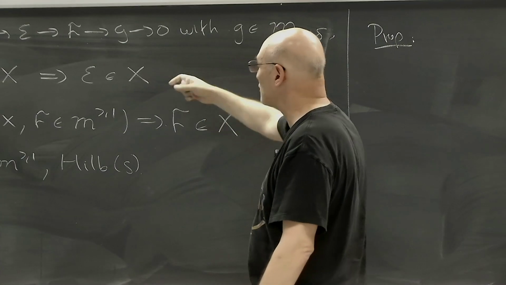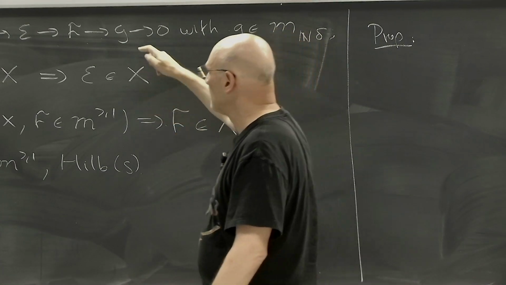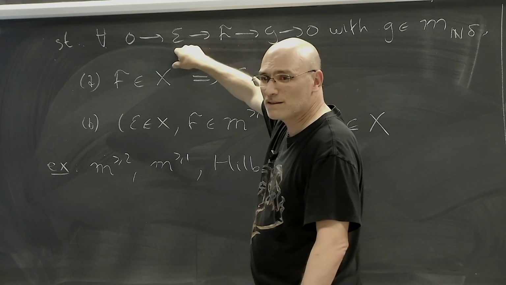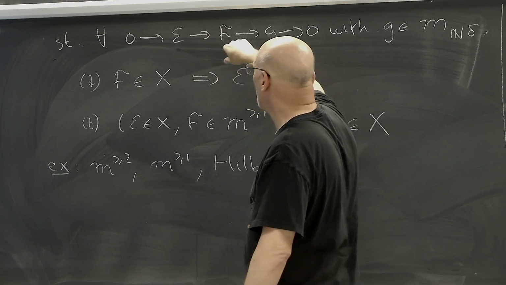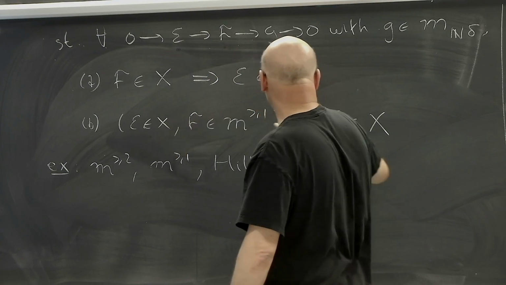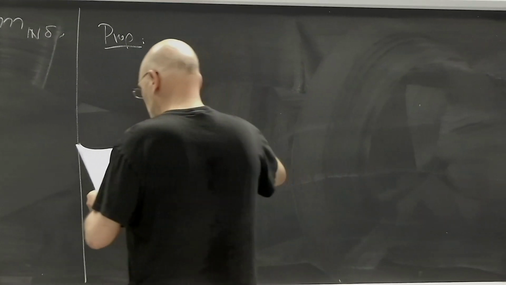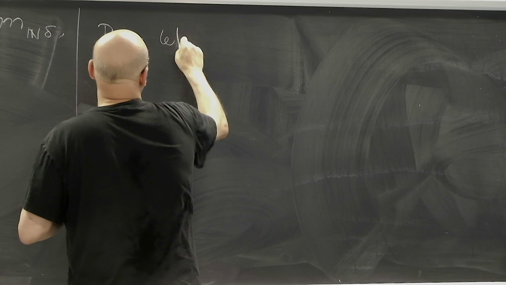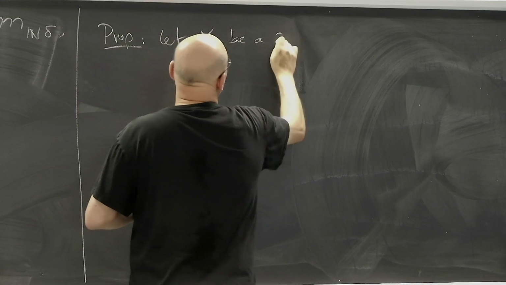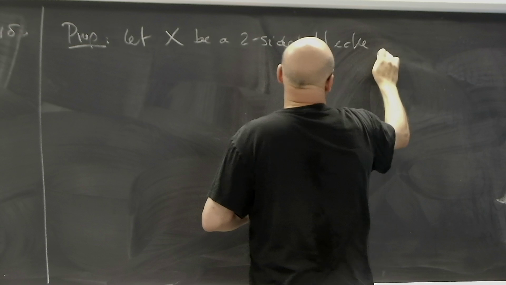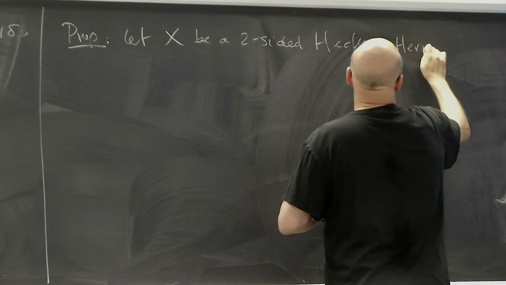I have two actions for a two-sided Hecke pattern: from F, I can go to E, so I can remove a zero-dimensional subsheaf, or from E, I can go to F, and I can add a zero-dimensional subsheaf. So let X be a two-sided Hecke pattern.